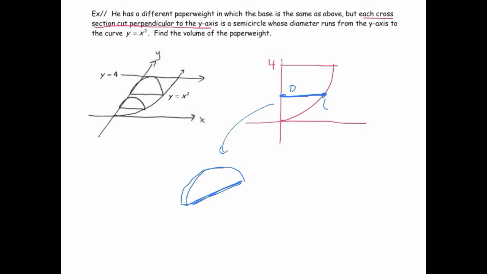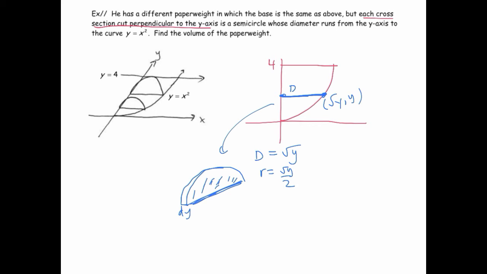So rather than x squared, I need to write it as square root of y, comma y, which means that the diameter here would be square root of y, which means the radius equals the square root of y over 2, and it means that the volume of this semicircle is pi r squared over 2 to get half of the circle, times its thickness, which is dy.